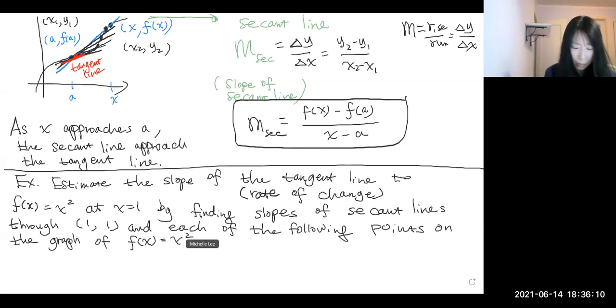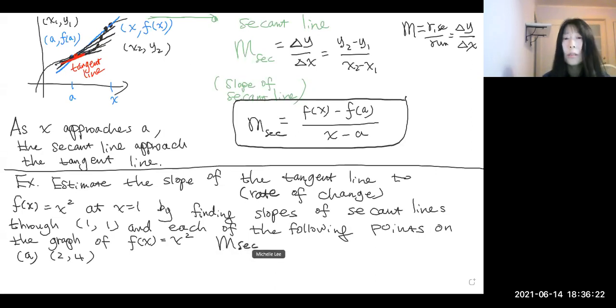Okay, so first one, (2, 4). So we're gonna find the slope of the secant line. Okay.